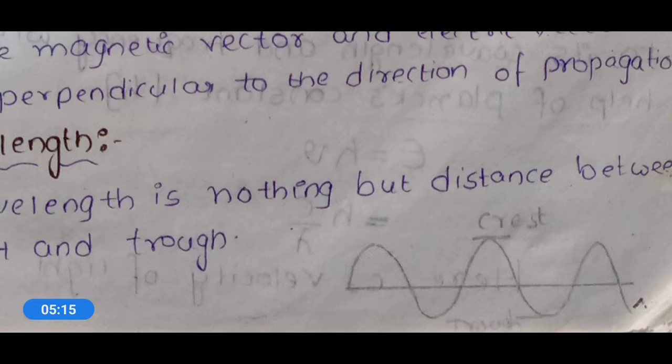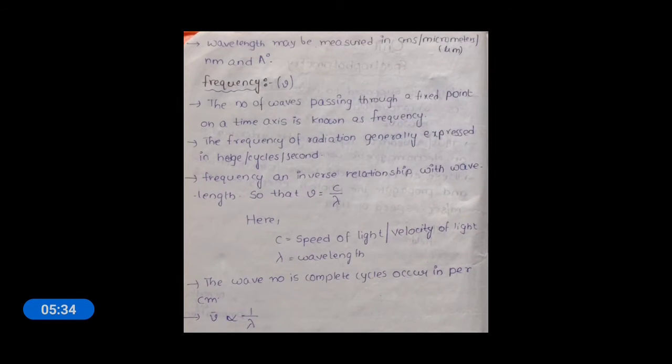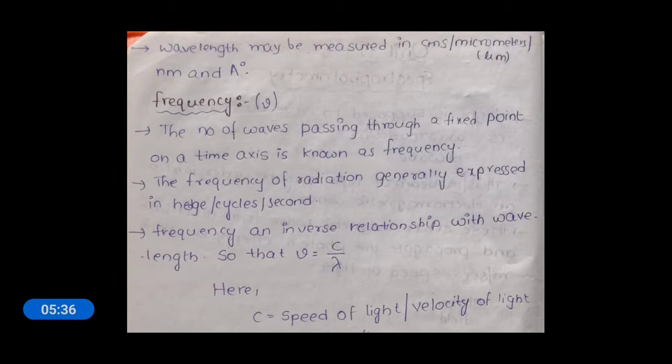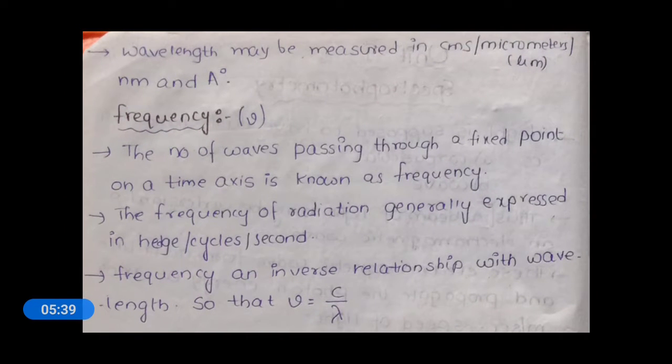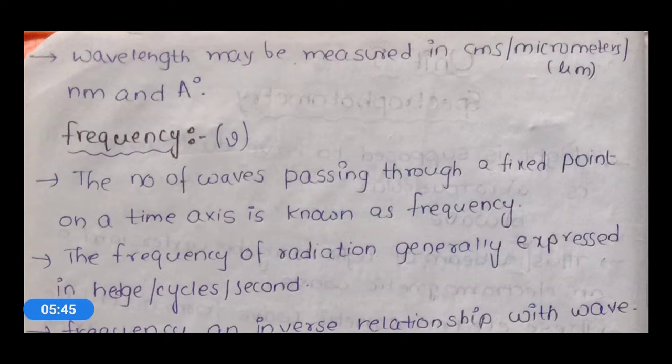The distance between these two is considered the wavelength. This wavelength may be measured in centimeters, micrometers, nanometers or angstroms.